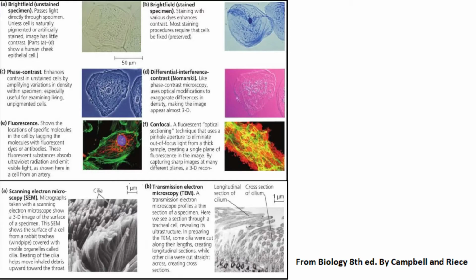Bright field, unstained specimen. Passes light directly through the specimen unless the cell is naturally pigmented or artificially stained. The image has little contrast. Parts A to D show a human cheek epithelial cell. So as you can see, it's very important to isolate specific cells, else light is going to go through many of them, and you're not going to have the specific cell that you want to study.